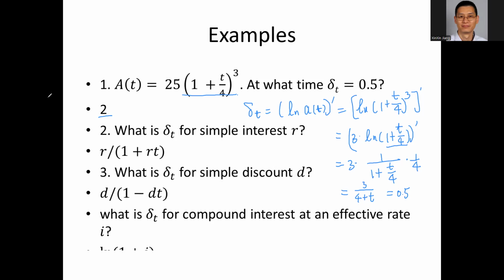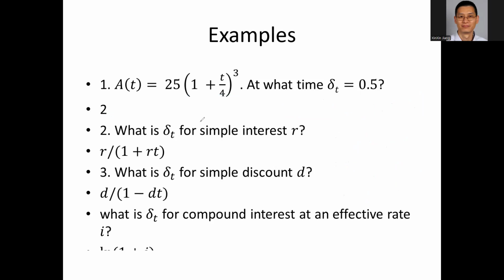All right. The next one, we're looking for δ_t for simple interest r. Remember, for simple interest r, the accumulation function is 1 + rt. It's linear. And I think it's easier to use a'(t) over a(t) instead of taking the log. Essentially they're the same, but it's probably simpler.